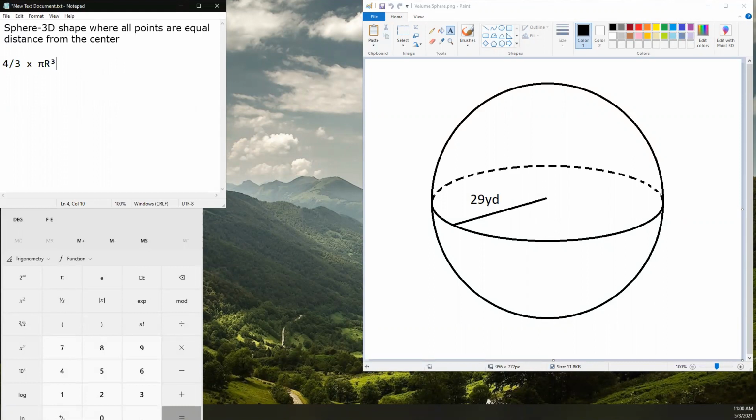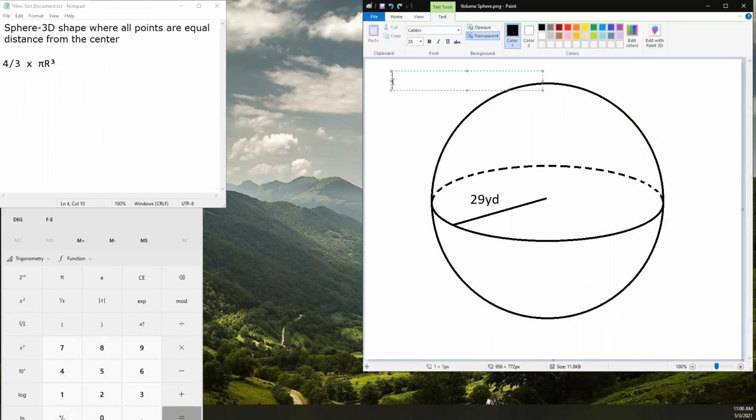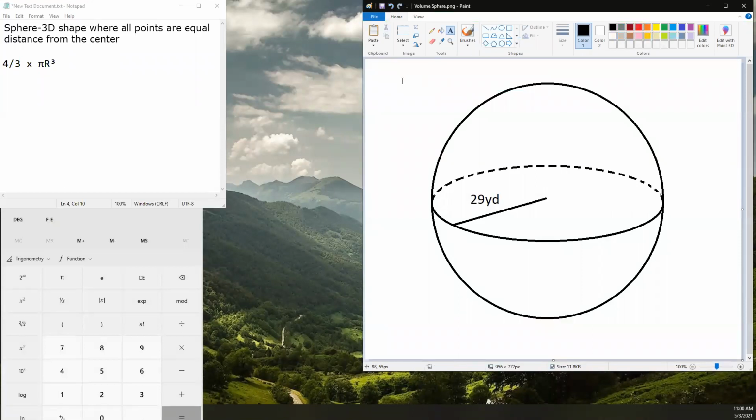If you've been paying attention, or you know your formulas fairly well, you're going to start noticing that a lot of the volume formulas are very close to the area formulas with some tweaks, some little changes here and there. Like the pi r cubed, well, the area of a circle is pi r squared. So this is kind of close, without the addition of the 4 over 3. But yeah, a lot of things look similar.